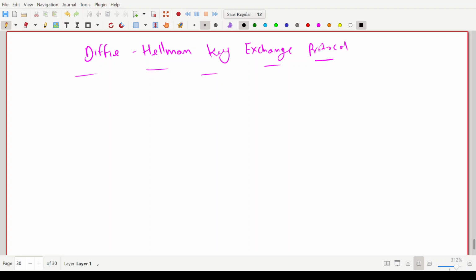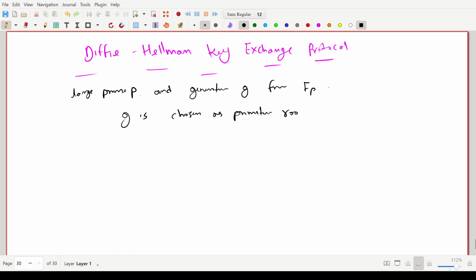So they have agreed on a large prime P and generator G for the group Fp. In general, G is chosen as a primitive root modulo P. What do you mean by primitive root?